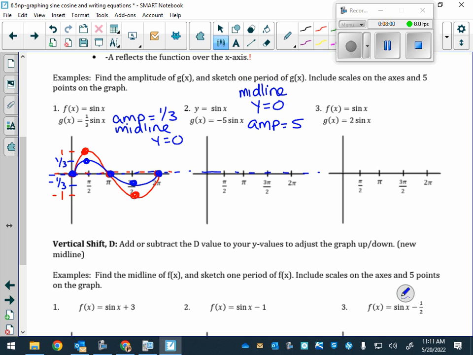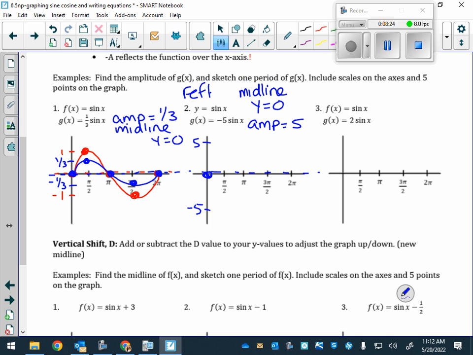So, from 0, or midline, we're going to count 5 above and 5 below. However, what else is happening here? A reflection as well. Okay, so sine functions, where do we start? 0.